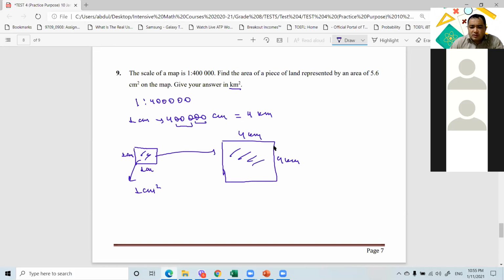If this one is a square, then 1 square centimeter of area on the map represents 16 square kilometers of land.